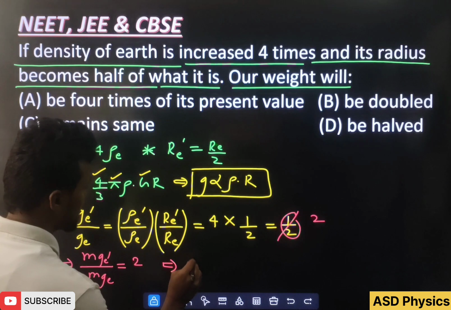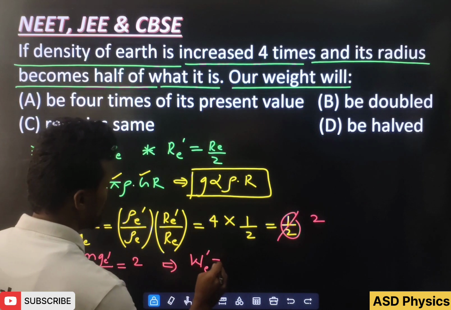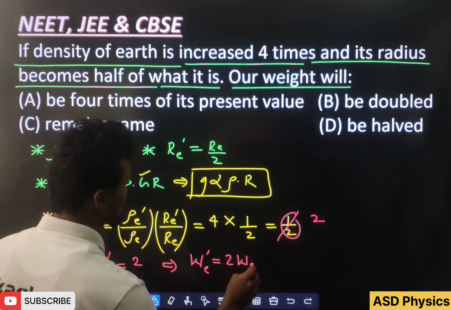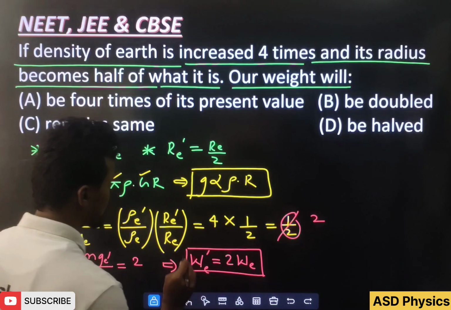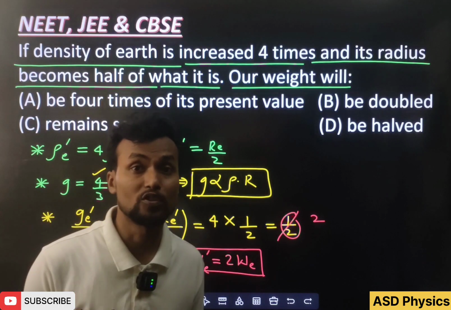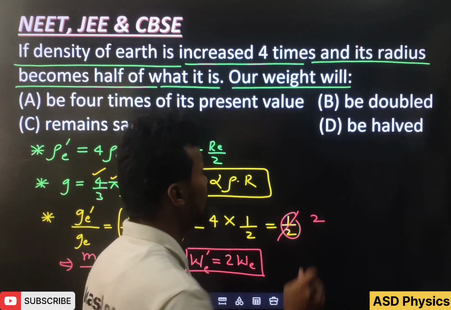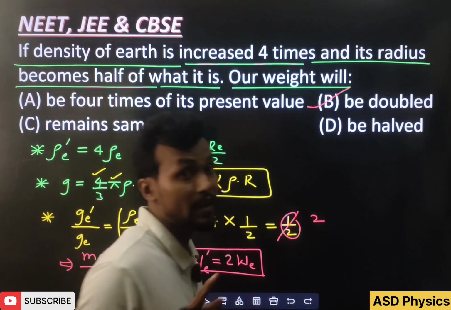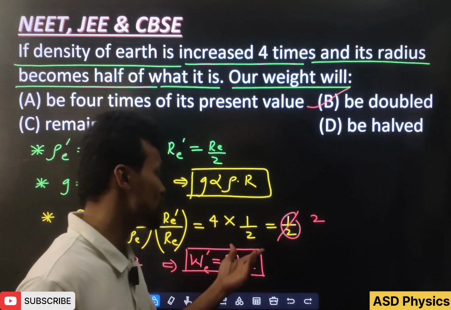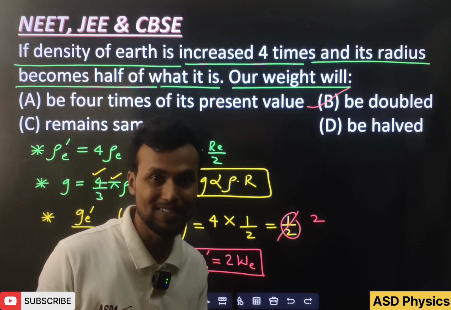From here we can write the new weight W dash is twice of W. That means the weight will become double. Why has the weight become double? Because the gravity has become double, since 4 into 1 by 2 is 2. Can you see here?